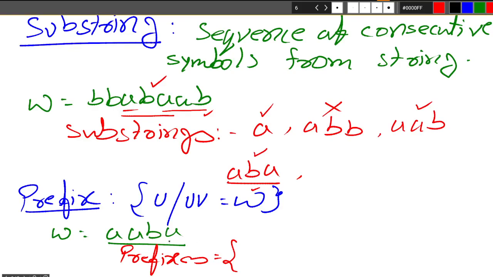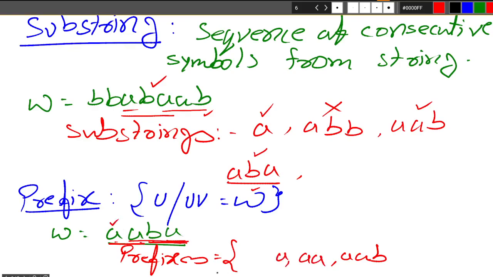We can understand, taking a substring A, we can have prefix AAB. Yeah, it is possible. Taking a substring BA, AA is a prefix, no problem. Taking a substring ABA, one prefix is A, no problem.